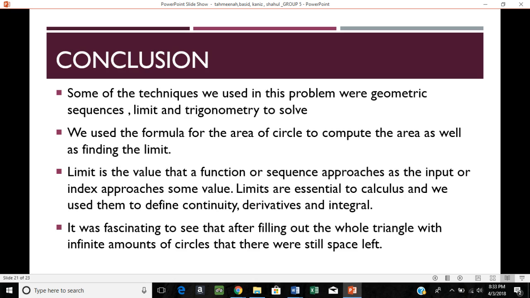A limit is the value that a function or sequence approaches as the input or index approaches some value. Limits are essential to calculus, and we use them to define continuity, derivatives, and integrals. It was fascinating to see that after filling the whole triangle with an infinite amount of circles, there was still space left.